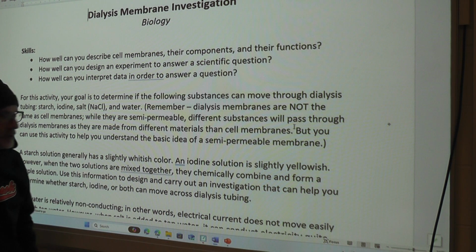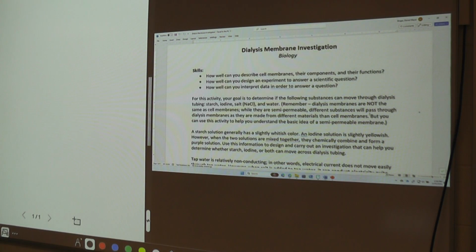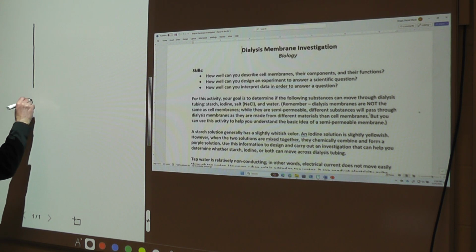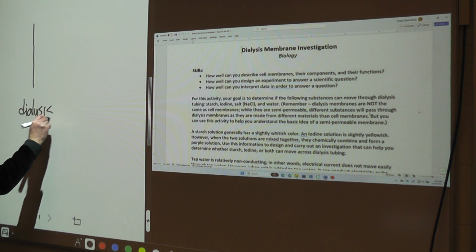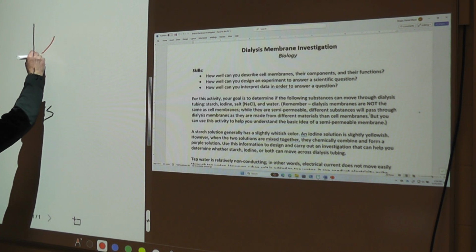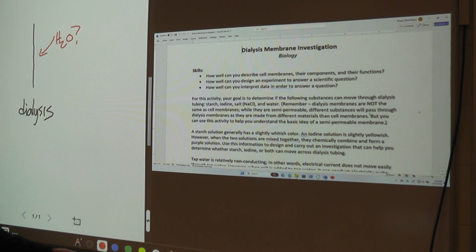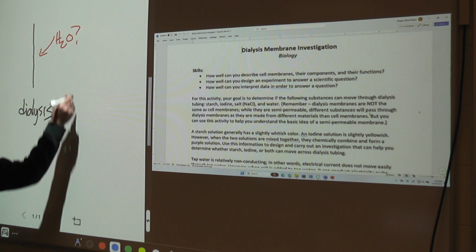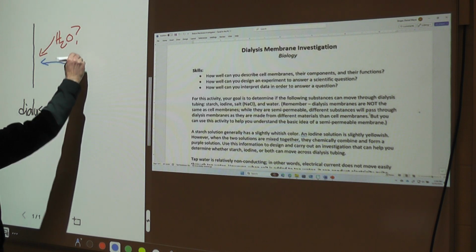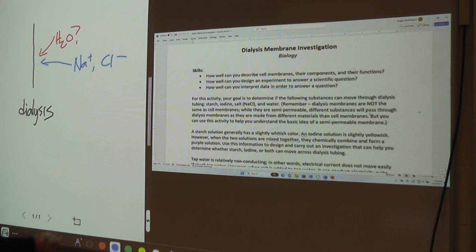So what we're trying to figure out is, if this is a piece of dialysis tubing, can water get through that? That's one of the things we're looking at. We're looking at sodium or chloride ions.